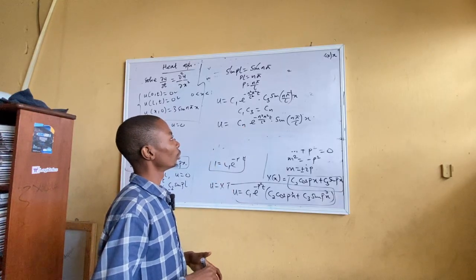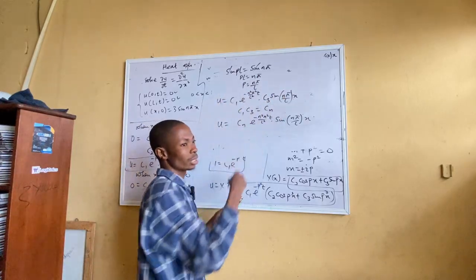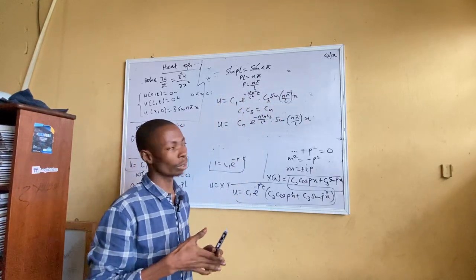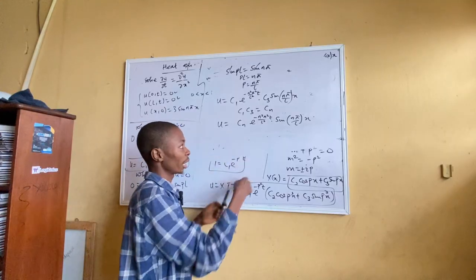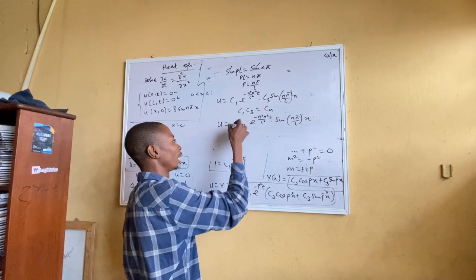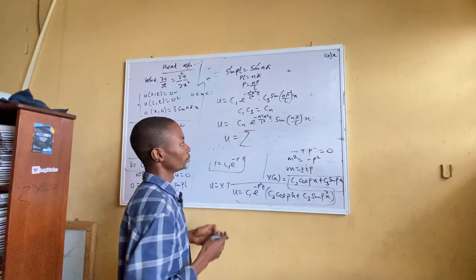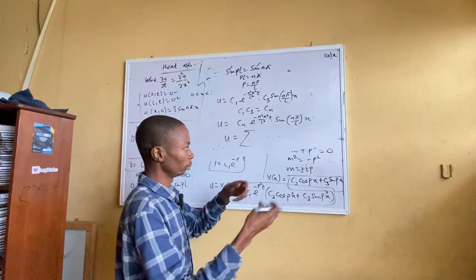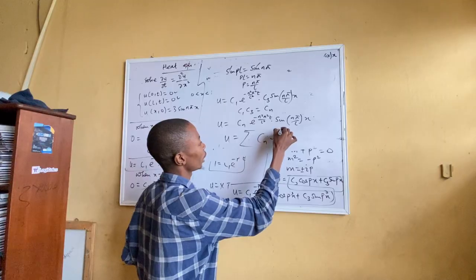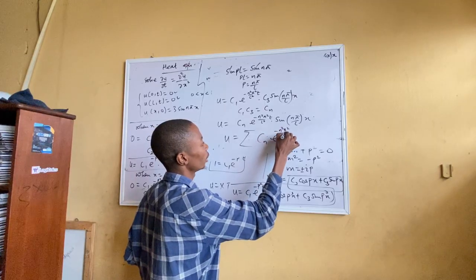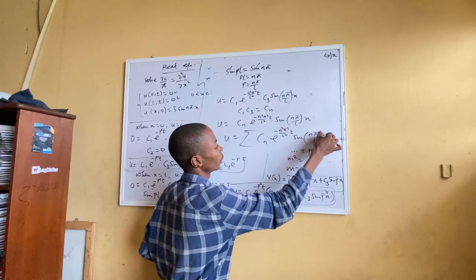Now this Cn that I define, what have I done? I've discretized, I've turned this continuous to discrete: C1, C2, C3, C4. And when you discretize something, instead of the integral sign, you change it to the summation sign. So I'll say U equals summation of Cn e raised to power minus n squared pi squared over L squared t times sine n pi over L x.